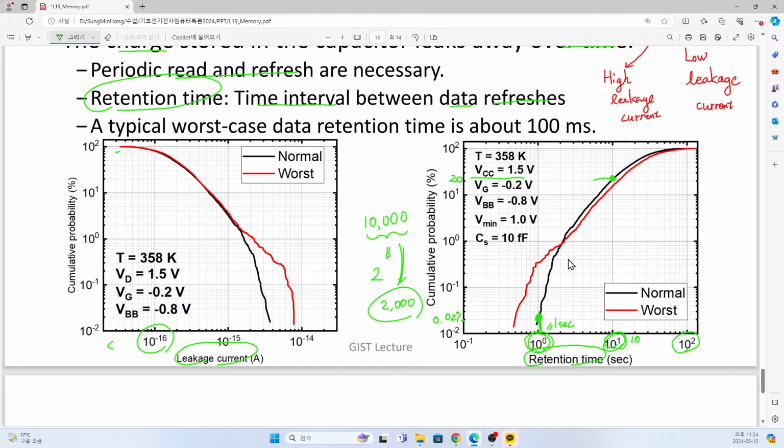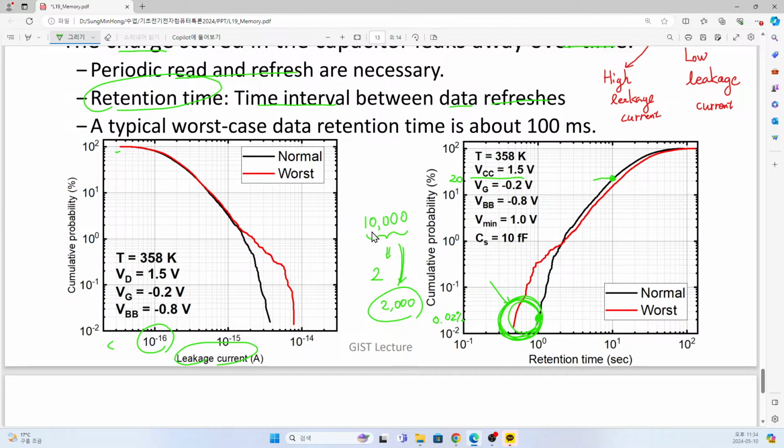So this is good, but the point is, sometimes we have some set which has quite a short retention time. Then in order to save this, we have to perform quite a frequent refresh stage.